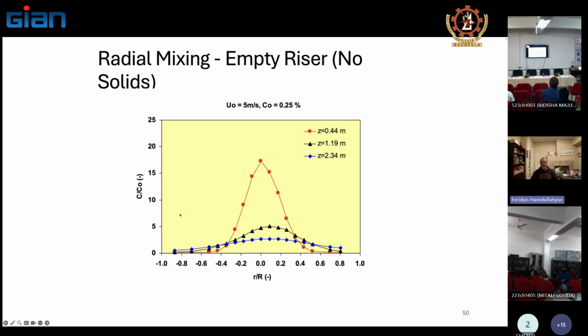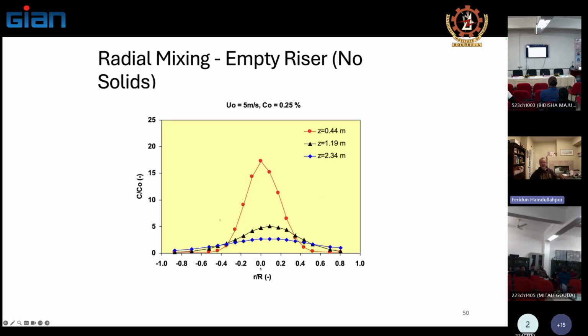The red dots, the curve, Z shows the elevation, so elevation above the secondary air injection. This is an empty riser. There are no solids in there. I wanted to see how just using the secondary air will influence mixing.